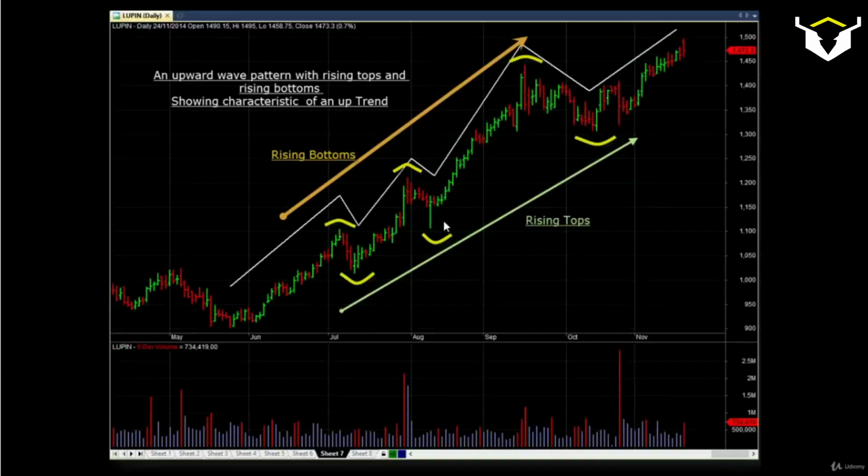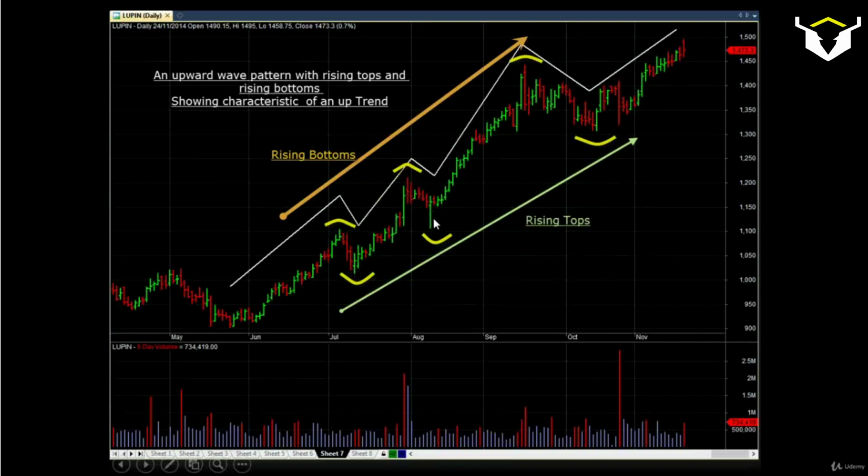This is a real chart example of Lupin. It covers data from May 2014 to November 2014. In the early part of June, it started surging upwards, took out its previous top, made a new top, came down, then went ahead to take out its previous top, thus giving us a new top and a new bottom.